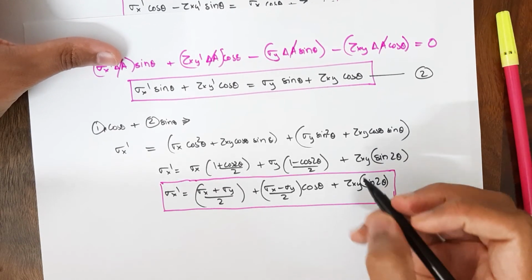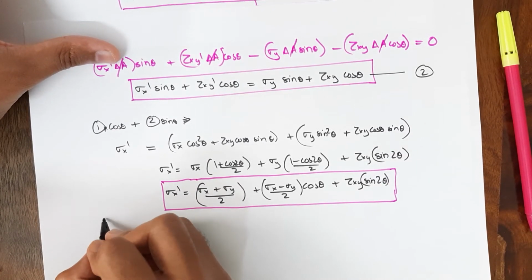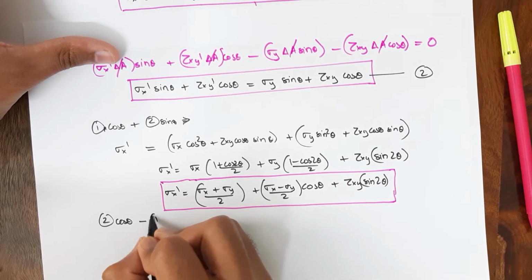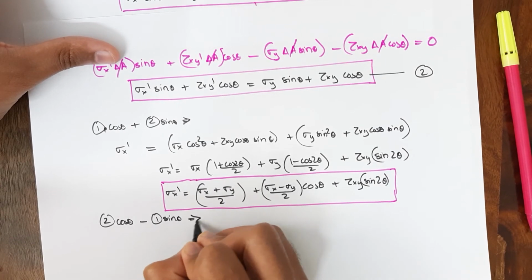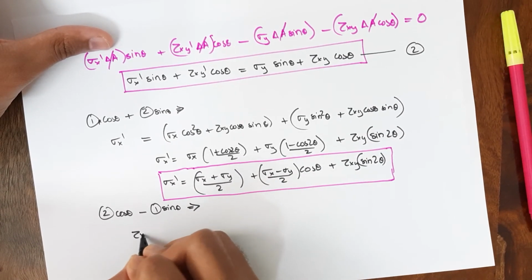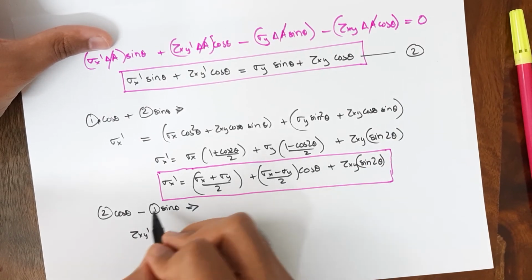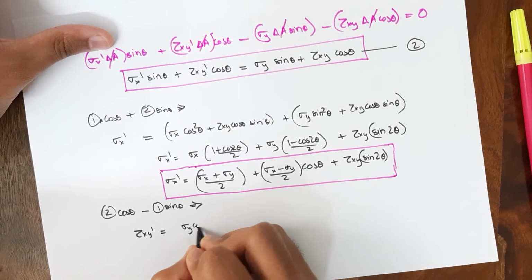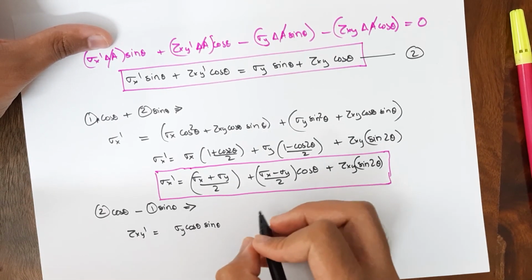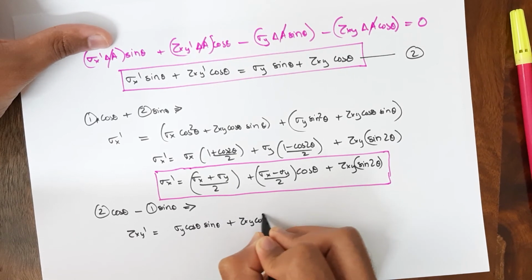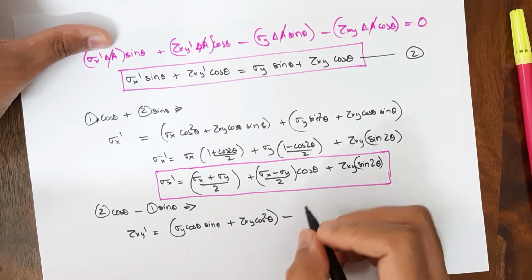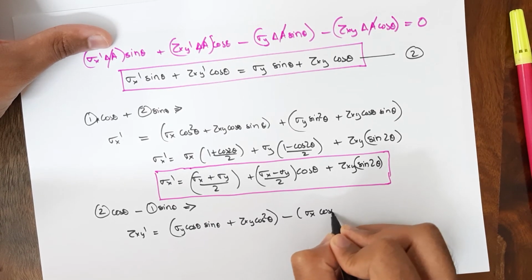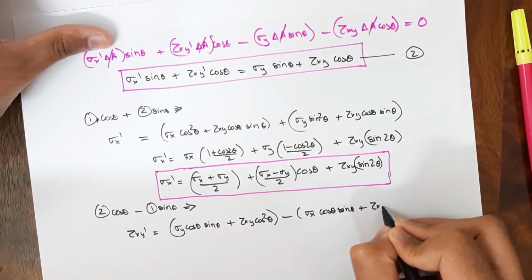And similarly for tau xy dash, what we'll have to do is multiply equation 2 with cos theta and subtract from it equation 1 multiplied by sine theta. So then we get tau xy dash is equal to sigma y cos theta sine theta plus tau xy cos square theta minus sigma x cos theta sine theta plus tau xy sine square theta.